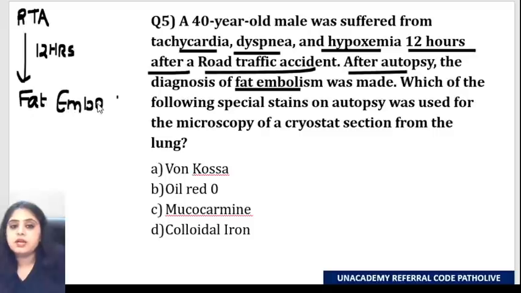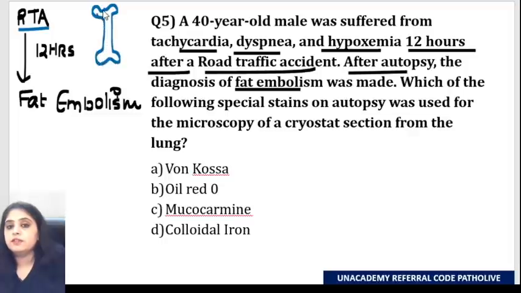First I need to guess why he suffered from fat embolism. What I can probably guess is that during the road traffic accident, one of his long bones, say for example the femur, got fractured.